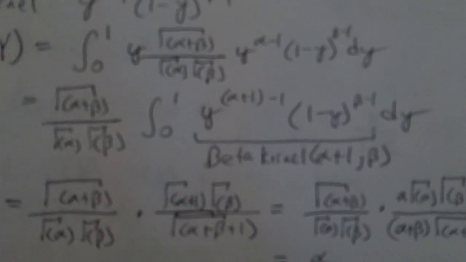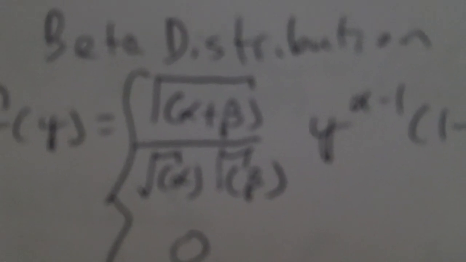And so if we go ahead and plug that into the reciprocal of the general form of the constant, remember that's the general form, we'll replace alpha with alpha plus 1, which was done right there.